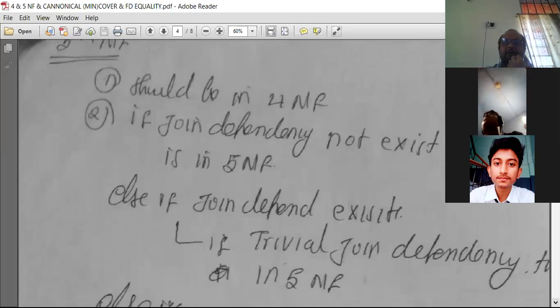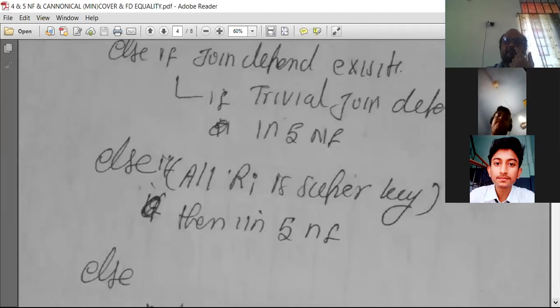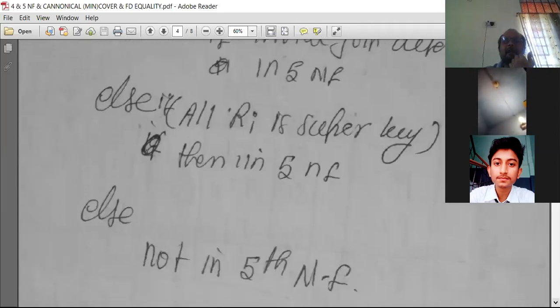If join dependency exists, that means if we join all the tables and we get a lossless join decomposition, then it is in 5NF, otherwise it is not in 5NF. I already taught you lossy join decomposition.